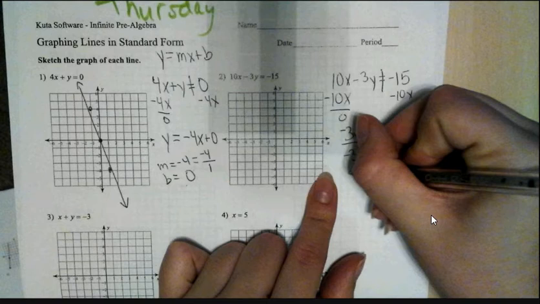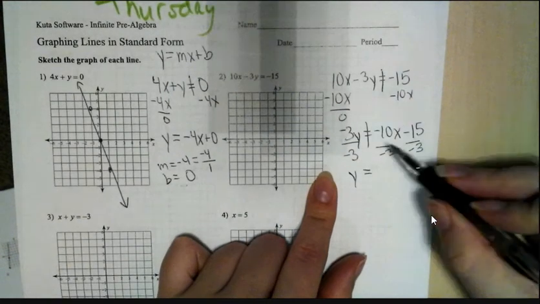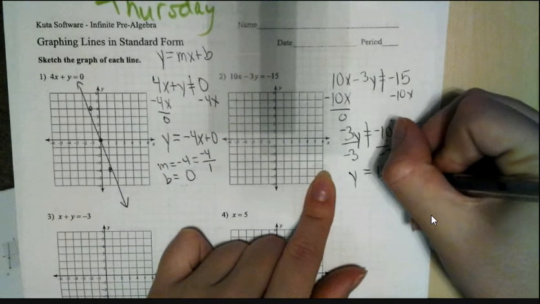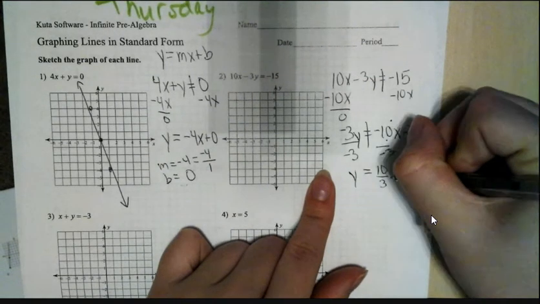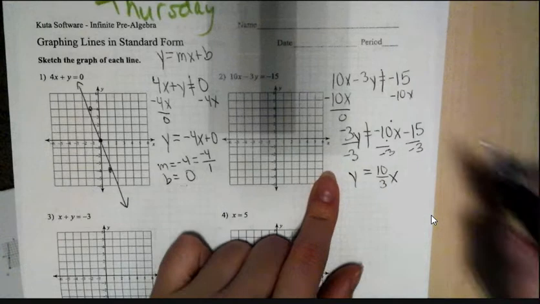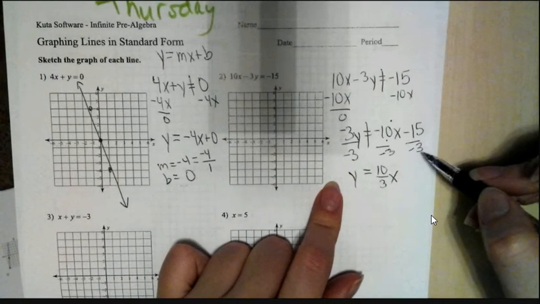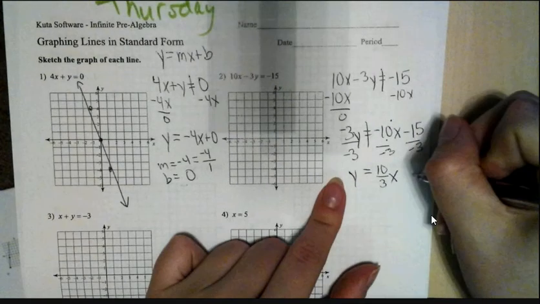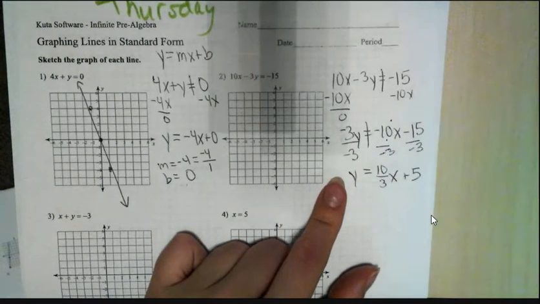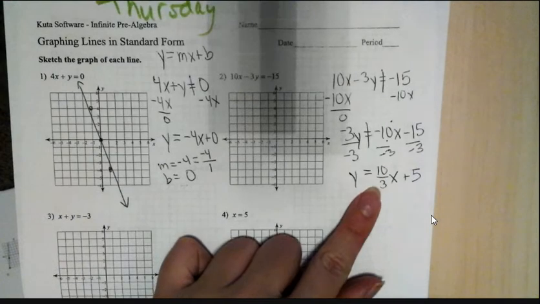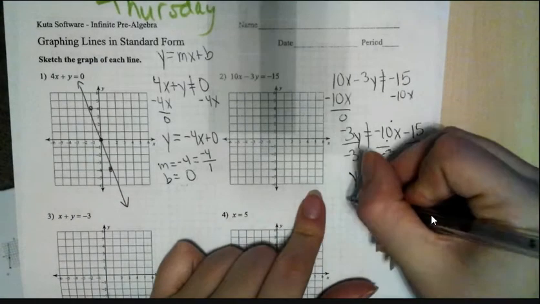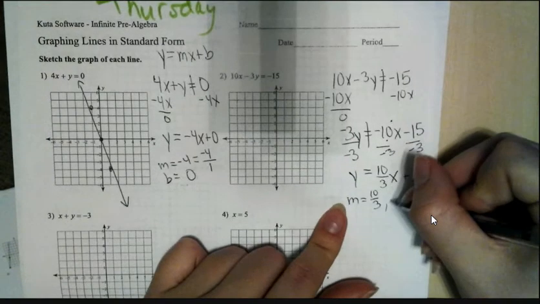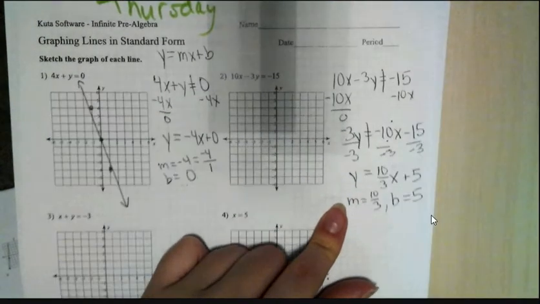I'm left with y equals a negative 10 divided by negative 3 is a positive 10 thirds x, a negative 15 divided by negative 3 is positive 5. So now I have my slope-intercept form. I know my slope is 10 thirds. My y-intercept is positive 5.